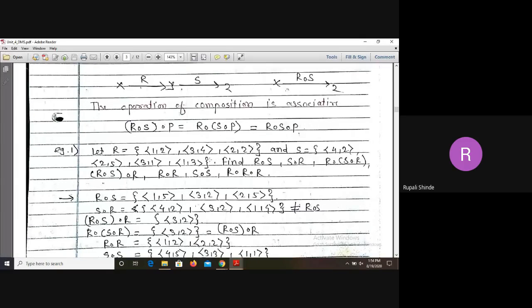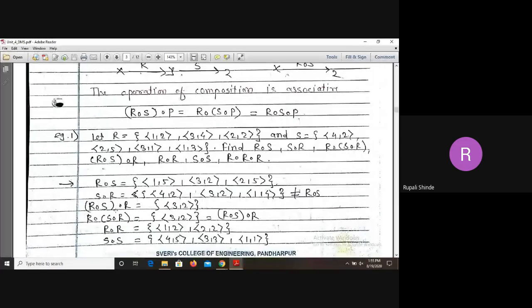Now check for the next ordered pair in R composition S, and that is ordered pair 2, 5. Now check in relation R whether there is any ordered pair whose first element is 5. No, there is no such ordered pair. That's why we are going to skip this ordered pair. So the value for R composition S composition R is equal to ordered pair 3, 2.